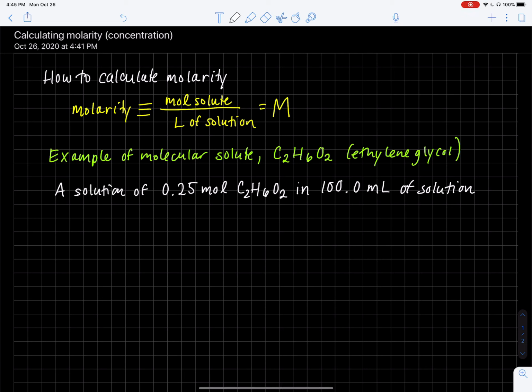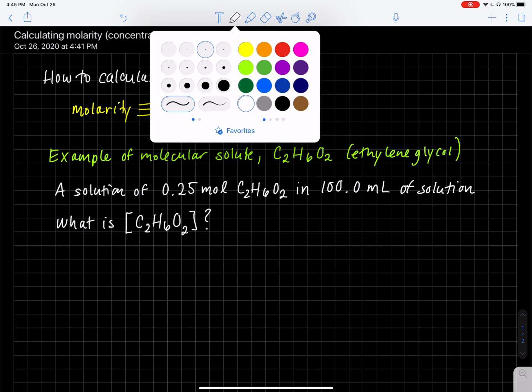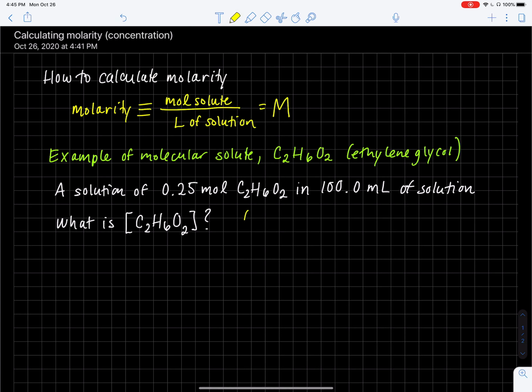So, okay, so I could say, what is the concentration of ethylene glycol? And here's how we write that. We say, what is square brackets ethylene glycol? And I'll just write in parentheses, this is another definitional thing, square brackets of A means the molarity of A. So that's an abbreviation we use.